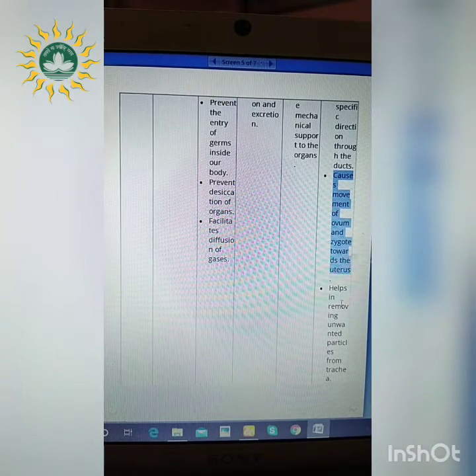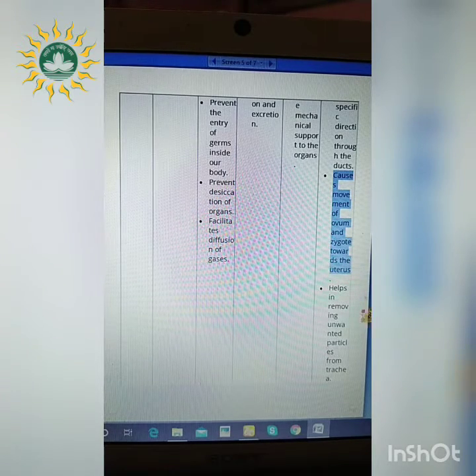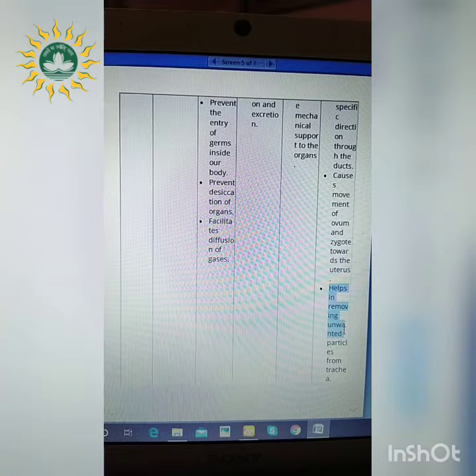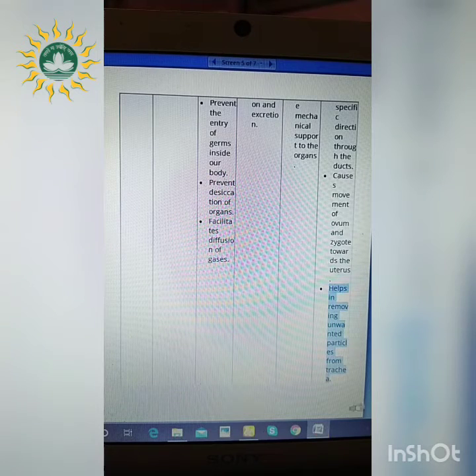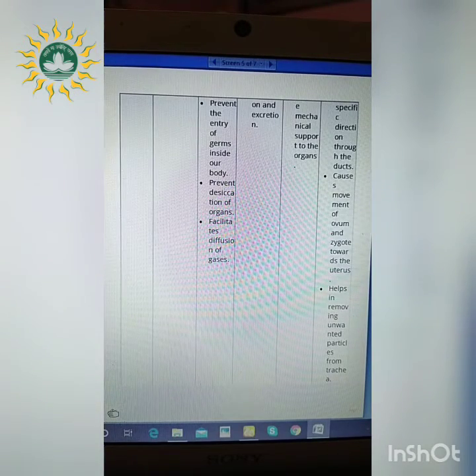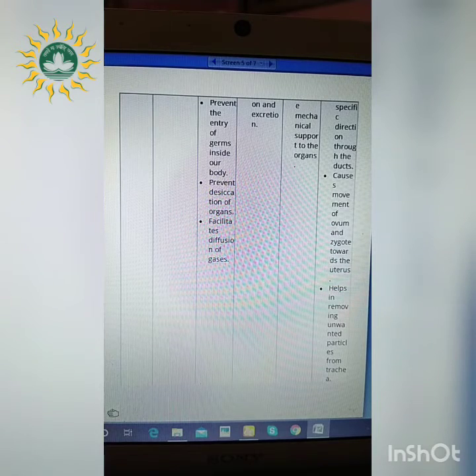So in the process of human fertilization, this ciliated epithelium helps in the function. Thirdly, it helps in removing unwanted particles from the trachea, which helps in the process of respiration. So these unwanted particles are removed because of the ciliated epithelium cells.